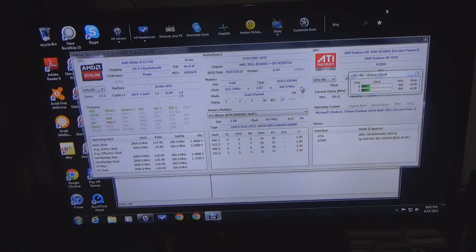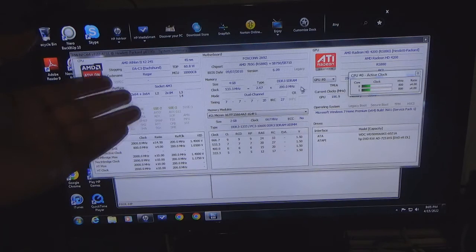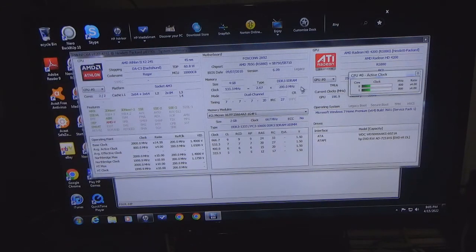This is dual channel. The size is 2 gigs, so there's 2 gigs of DDR3. Now, I have a bunch of DDR3, and since there are 4 slots on this board, I am going to put as much as the board can handle.